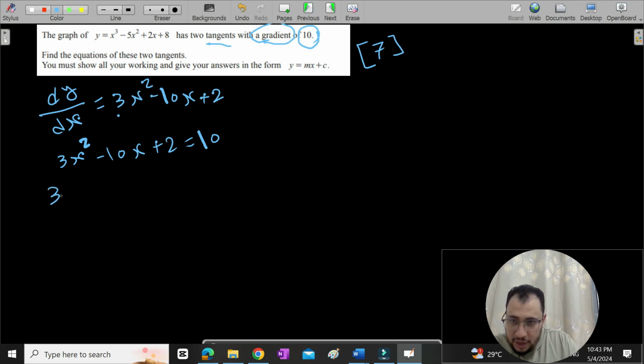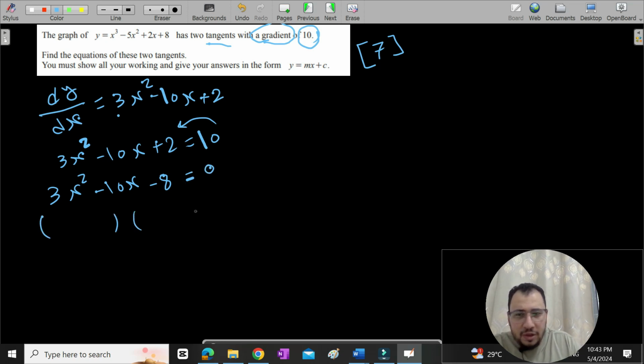So 3x squared minus 10x, here 10 will go here, so negative 10, so it's going to be negative 8, all of that equals 0. Let's factorize it here. Use any method you like. Here x and here x, here 3 and here 1, here 2 and here 4.